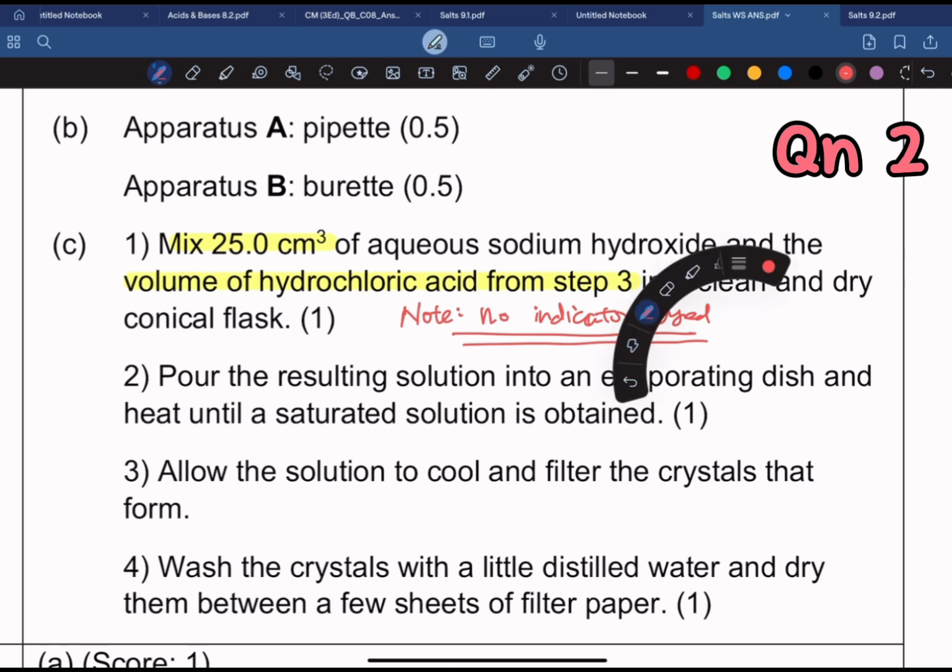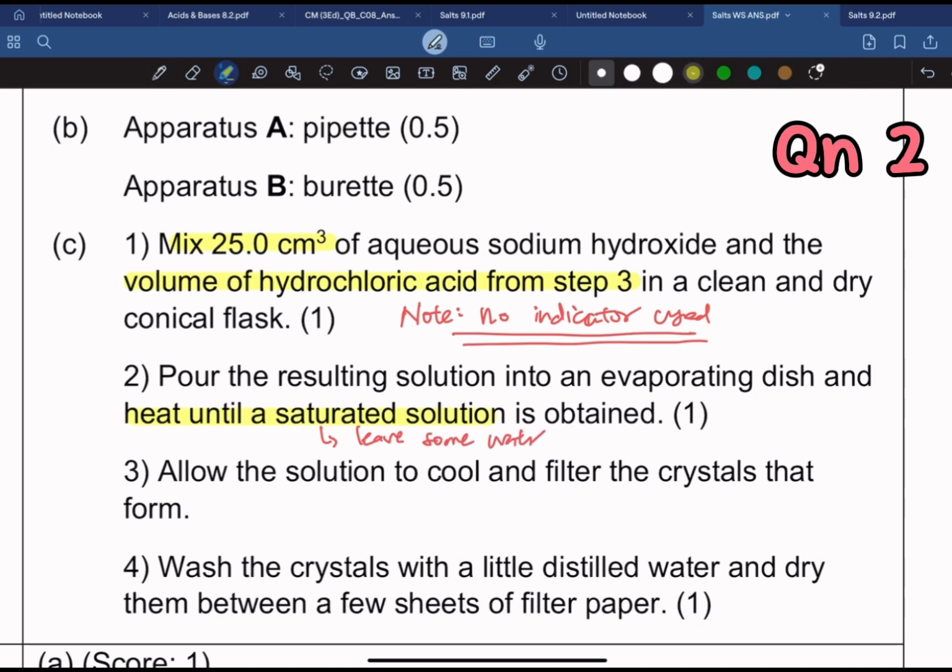So after this step, then you're going to be pouring it into the evaporating dish and heat until saturated solution. You already know why saturated is needed, right? So you're going to leave some water behind. And so when you allow it to cool, the water will form crystals of the salt.